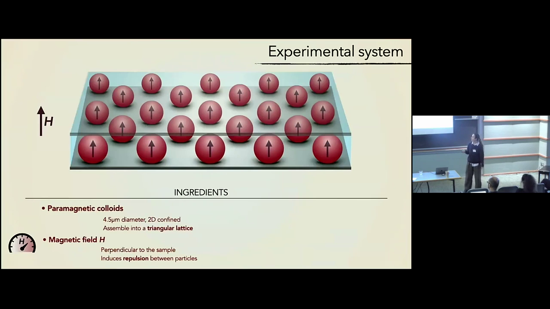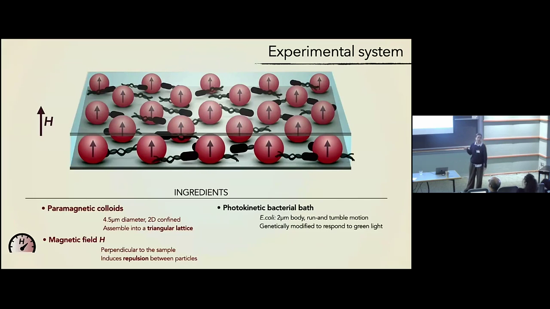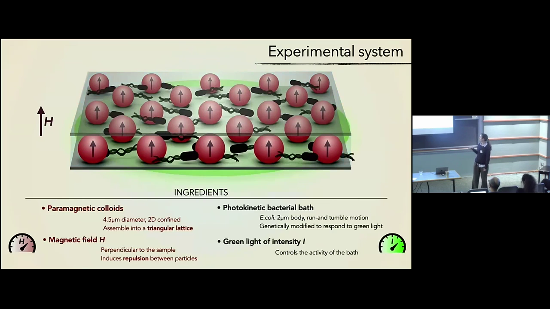To avoid the particles going into 3D, we confine the sample in 2D between two glass plates and apply this field perpendicular to the sample. So the particles self-assemble into this crystal, and then we add the photokinetic bacterial bath. As I explained, these Escherichia coli run and tumble, and they are genetically modified to respond to green light.